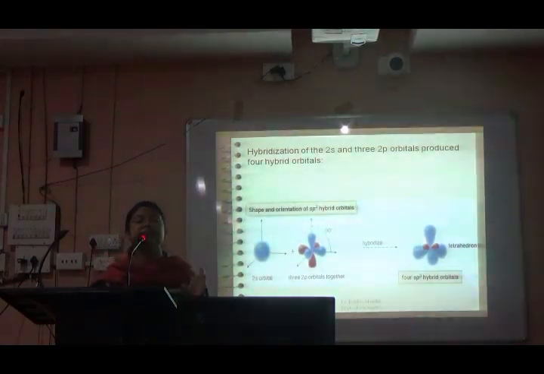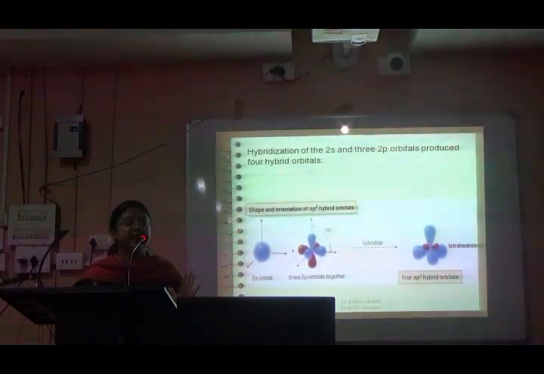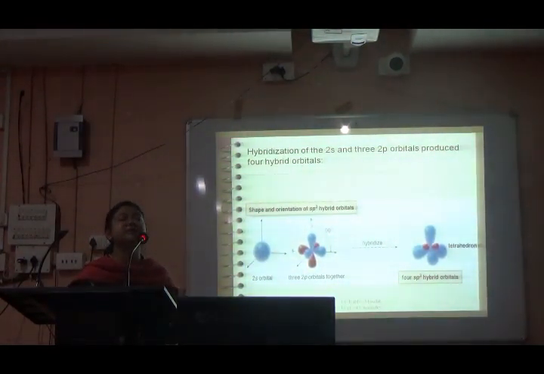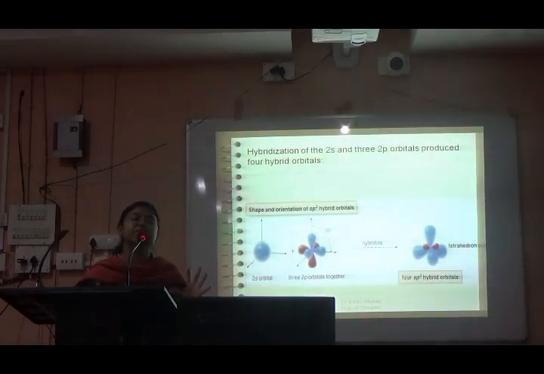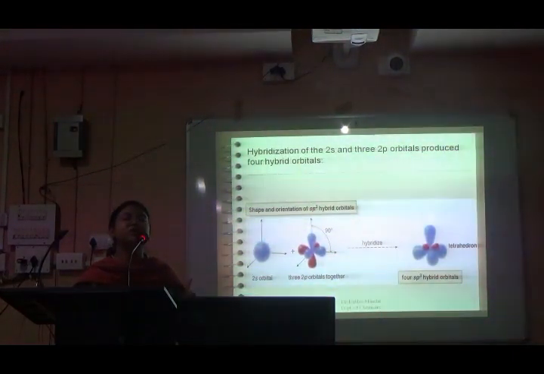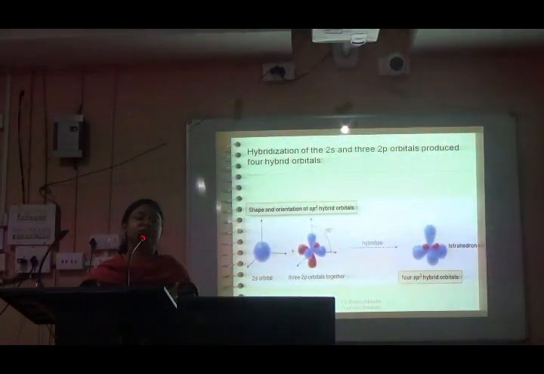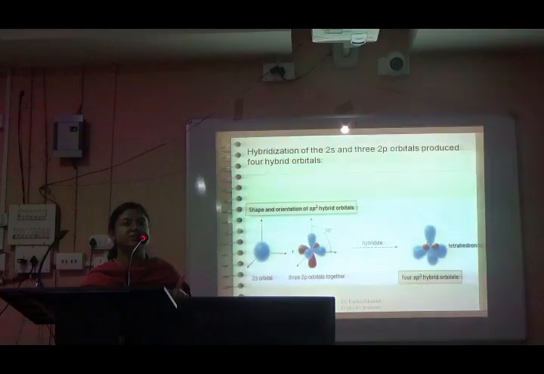Now obviously, since all the 4 hybrid orbitals are of equal energy, and each will house an electron, they have to be oriented in such a fashion that there is minimum repulsion between each of the hybrid orbitals. We have to have a geometrical shape to give that orientation, and that geometrical shape is tetrahedron.